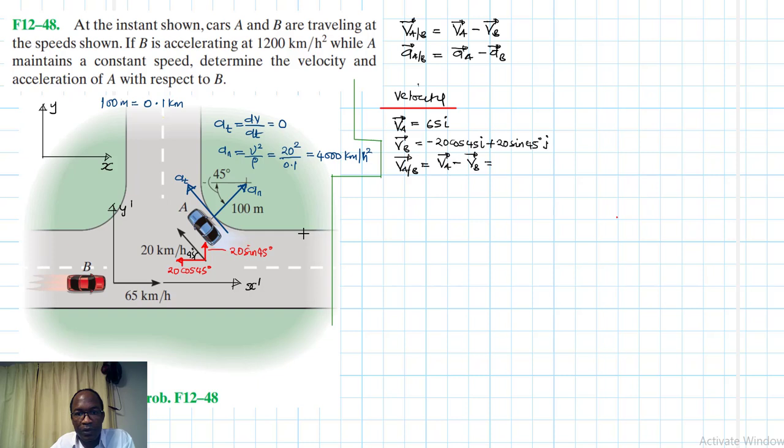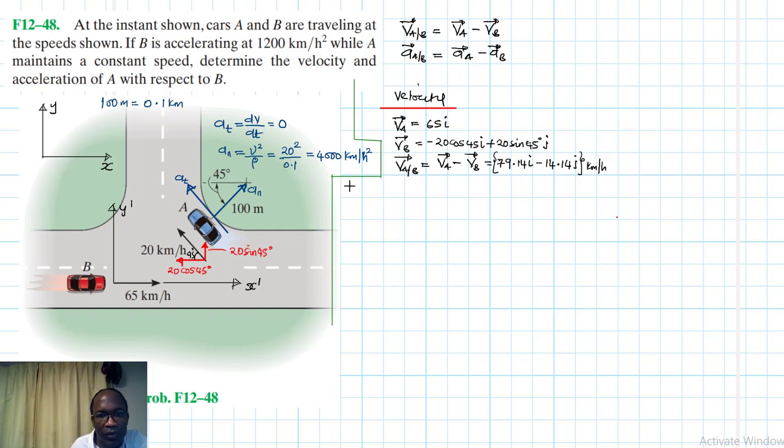This becomes equal to 79.14 i, minus 20 sine 45, which is the same thing as cos 45, so this one becomes 14.14 j. And this is in kilometers per hour.